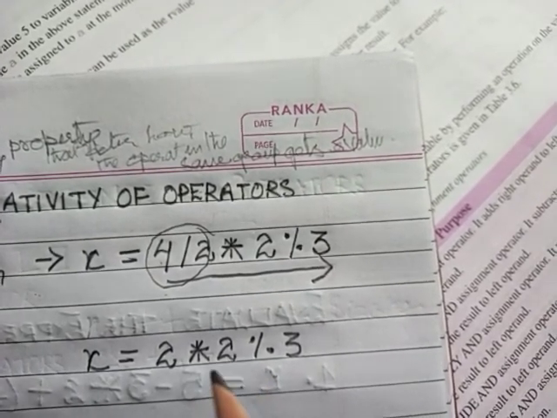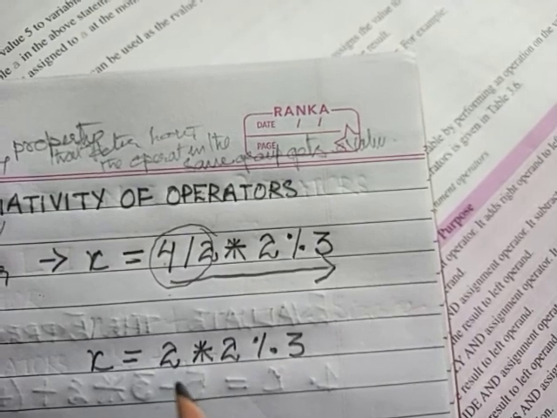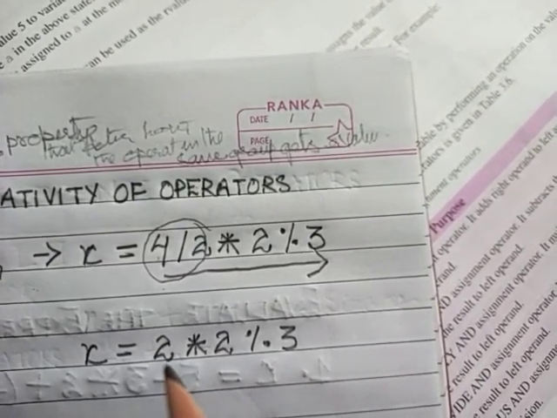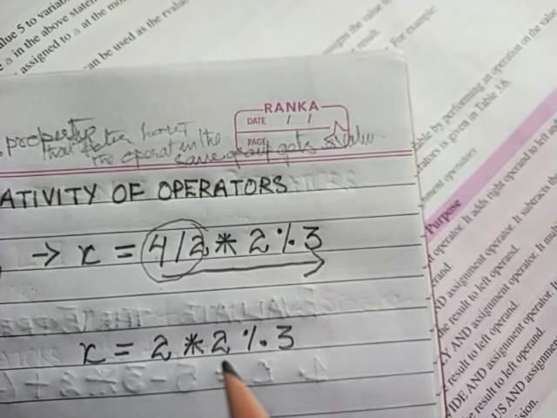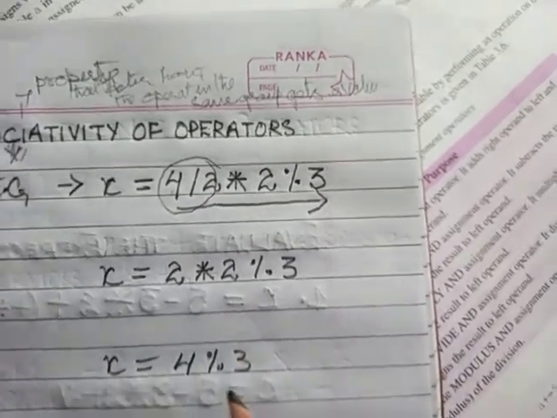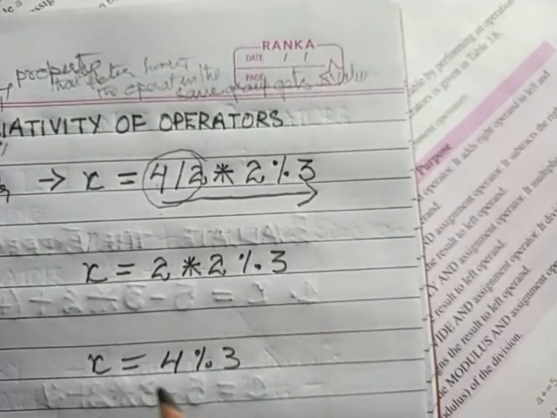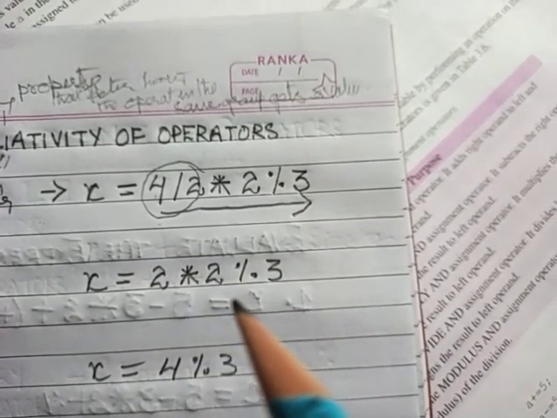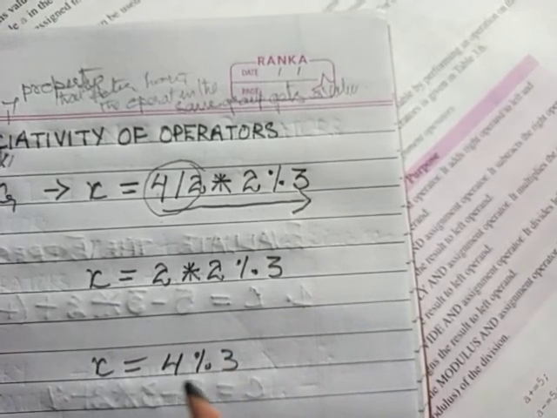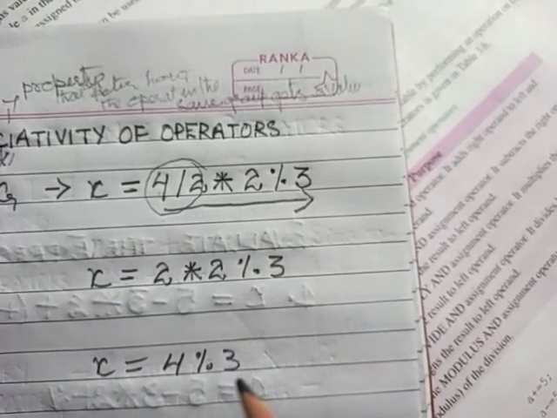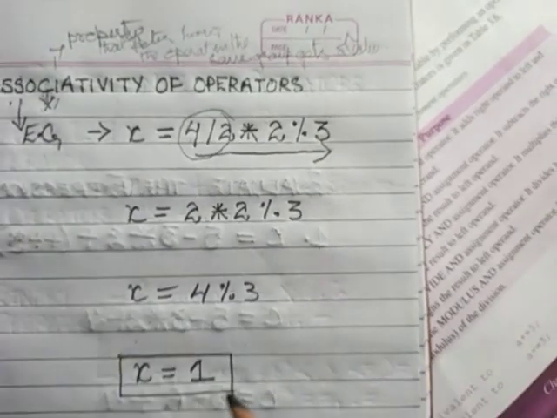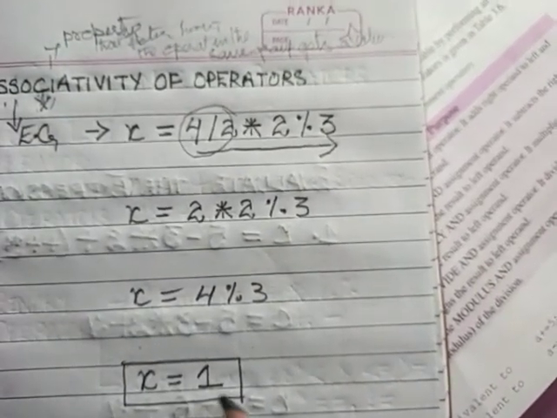Like I mentioned, the evaluation will go from the left to right. Therefore, the expression 2 multiply 2 will evaluate first. Therefore, we are getting 4. 4 is the product after we multiply 2 into 2. We have 4 mod of 3. Now the answer we are getting is 1.